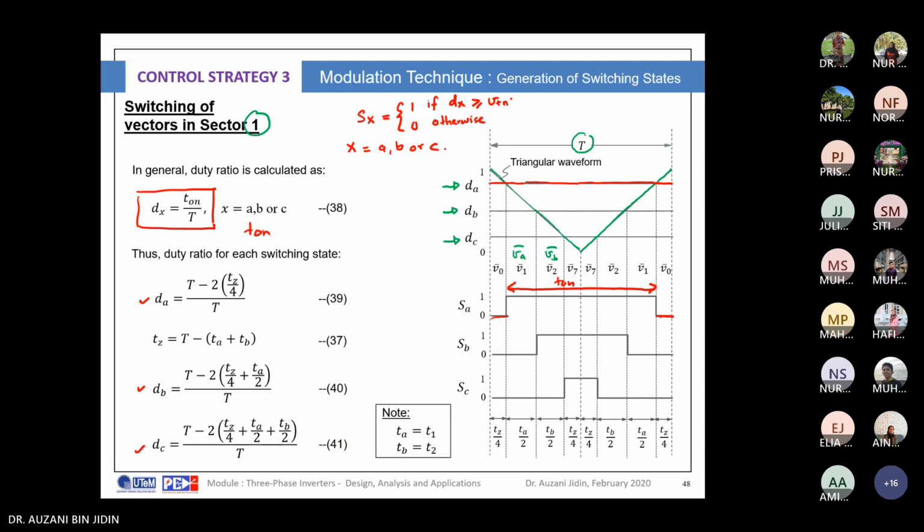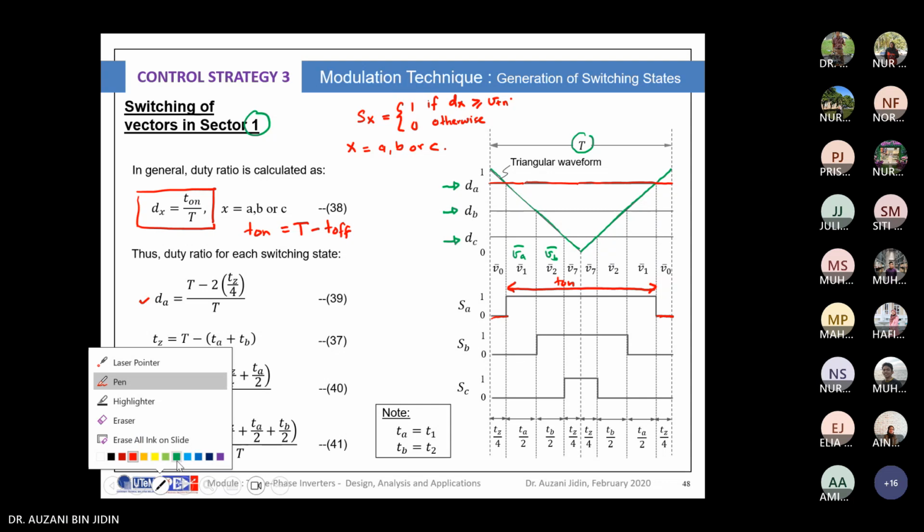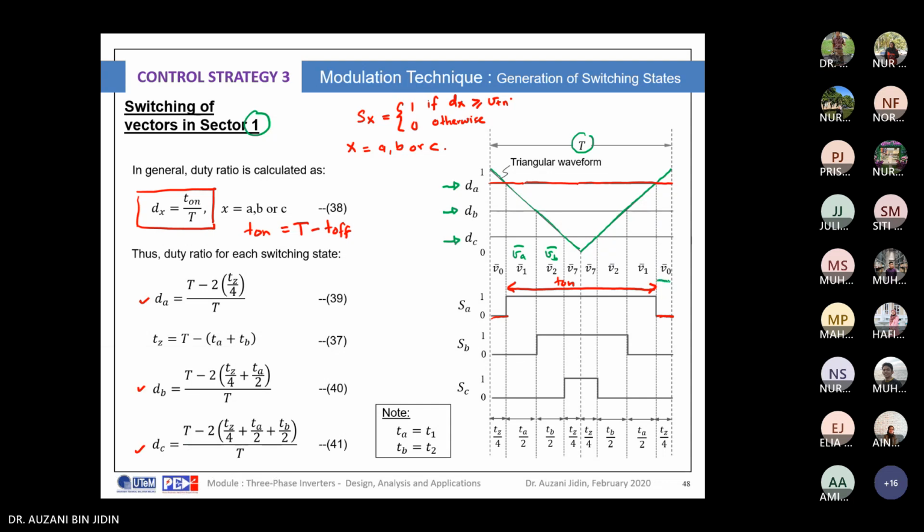Okay. Right? So maybe we can say that the T on is the difference between T and T off, right? So where your T off is, T off will be here, here and here. So this interval is Tz divided by 4. Here also Tz divided by 4. Since you have 2 intervals, you need to multiply by 2.